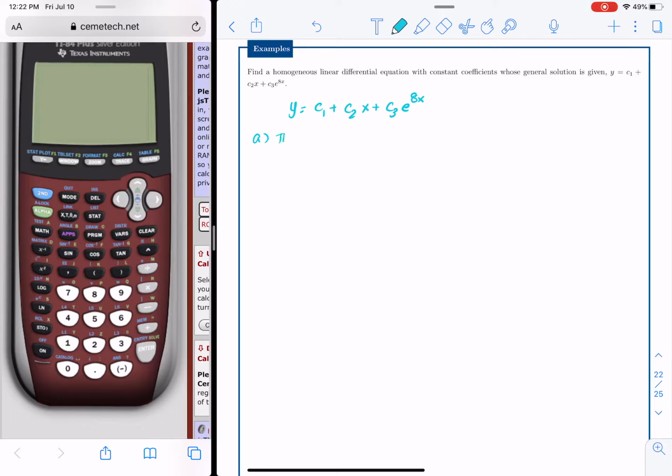First, the equation, of course, it is linear, homogeneous, with constant coefficients, with order 3. Reason being, we have 3 terms.